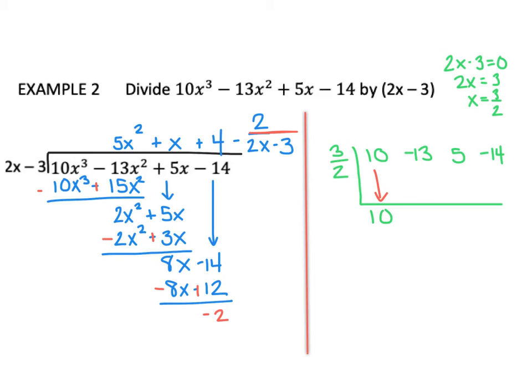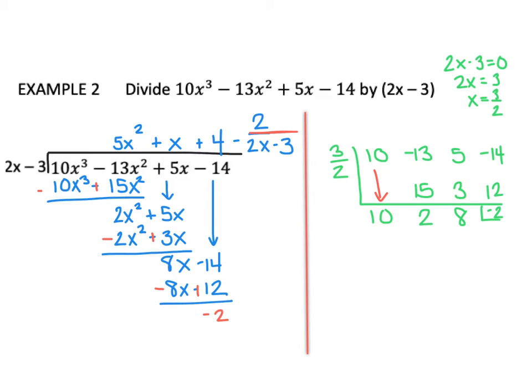So 3/2 times 10 is 15. I'm going to add, and I get 2. 3/2 times 2 would be 3. 5 plus 3 is 8, and 3/2 times 8 would be 12. Add, and I get -2.